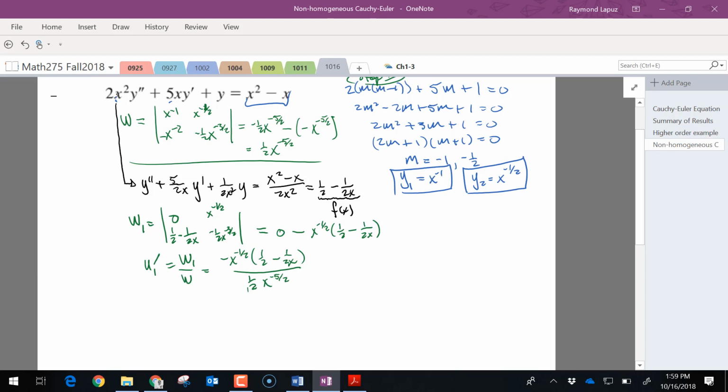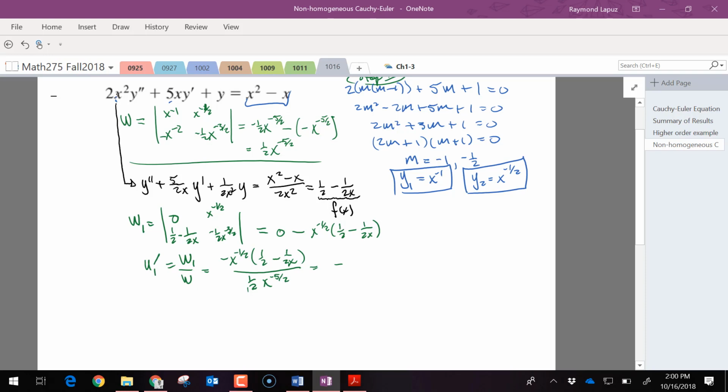You see that? We can factor out a 1/2 in the numerator and cancel that. And then we have x to the negative 1/2 in the numerator, and we have x to the 5/2. So it looks like it's x to the negative 1/2 minus negative 5/2. So that becomes positive, and then we have 5/2 minus 1/2 is 2.